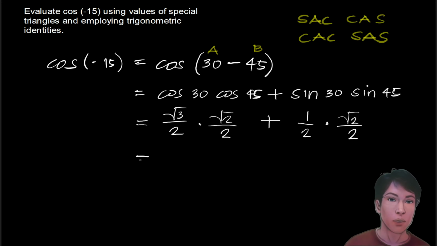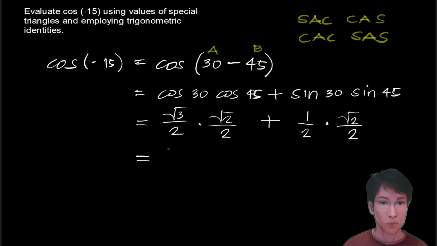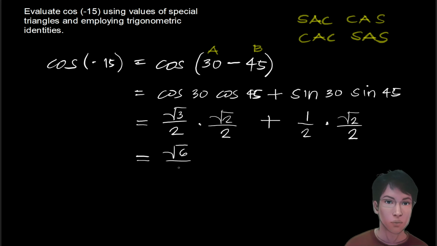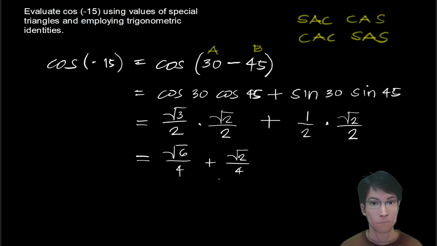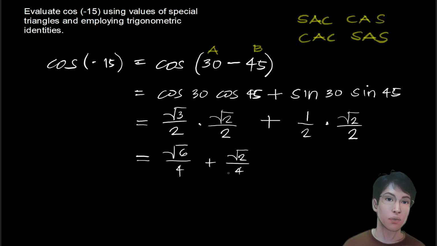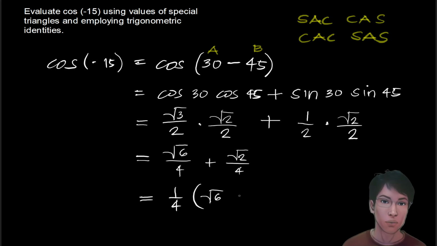And evaluating this, it gives us square root of 6 over 4 plus square root of 2 over 4. And that's the final answer. So I can write it like this: 1/4 times square root of 6 plus square root of 2.